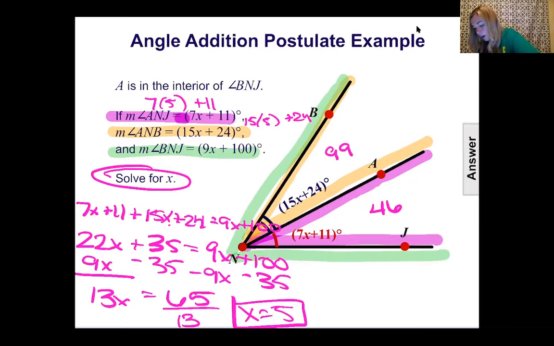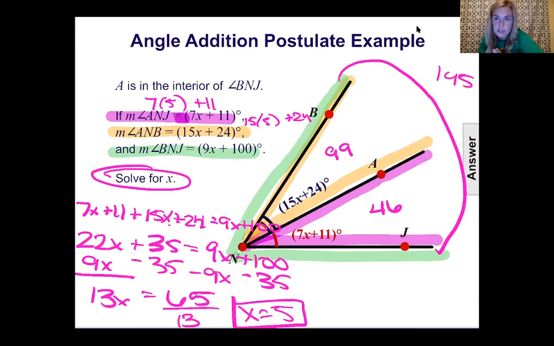And I know automatically that this big green angle right here is going to be 145 because 99 plus 46 gives us 145. But if we didn't want to infer that, we could still plug it in. 9 times 5 plus 100 gives us 145. So it's important that anytime you find an angle, you can always plug it back in.